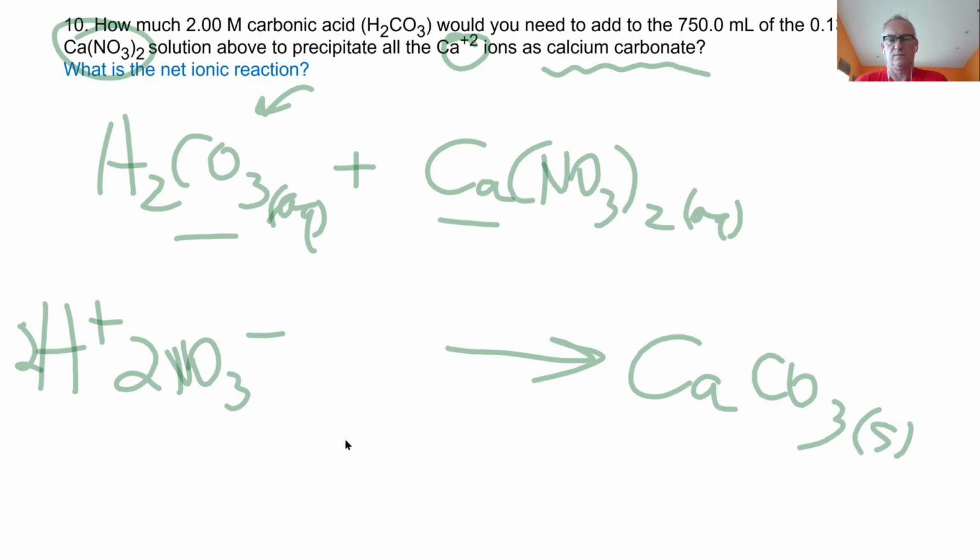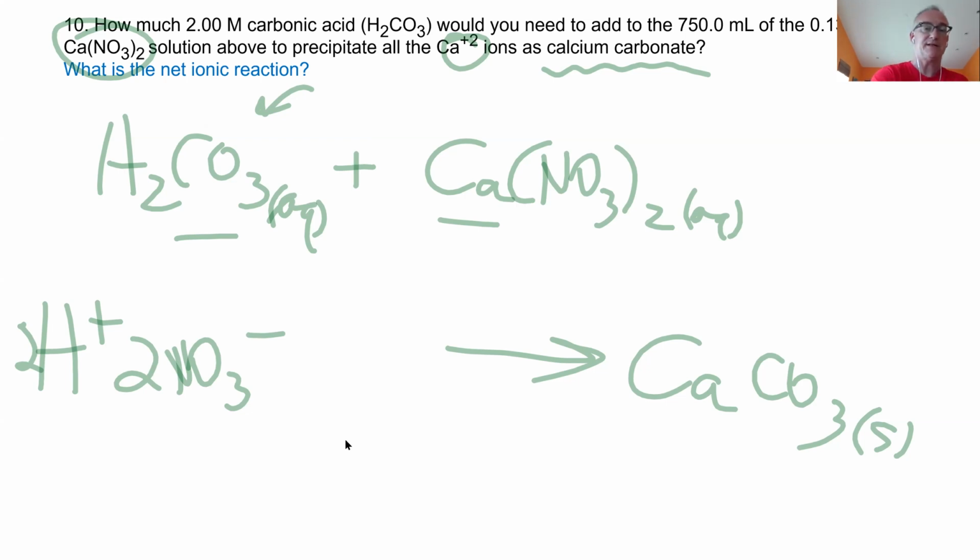So in this case, is carbonic acid completely ionized? No, but it will be when it reacts with the calcium. So we have a balanced reaction. So the question comes down to how much carbonic acid do you need?